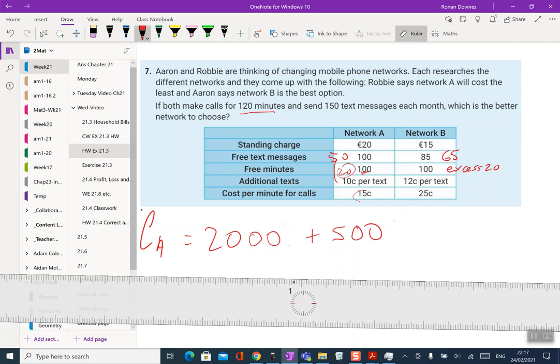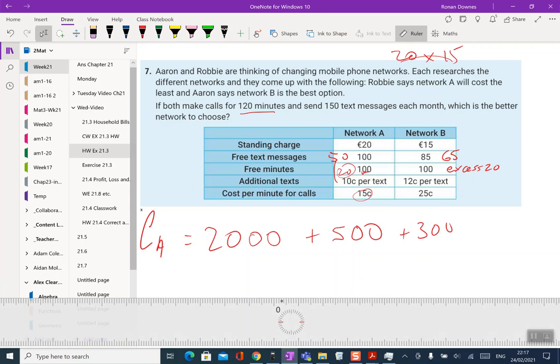So have I 20 times 15? I take that up here. 2 15s is 30, 300. Okay, that is equal to 2,800 cents, which is equal to 28 euro.